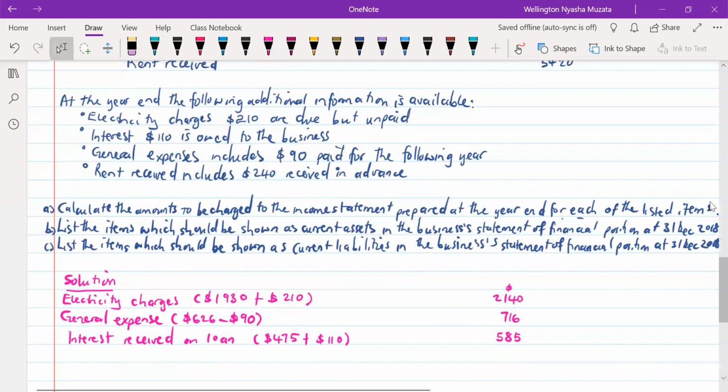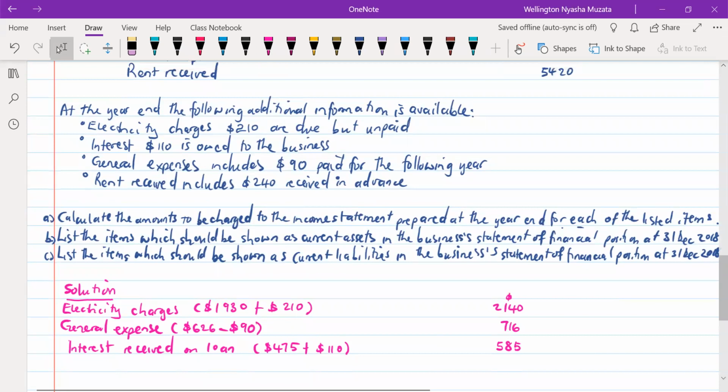In addition to this, we are then given rent received, which is part of other income and is supposed to be added on to the gross profit. So rent received, 5,420, that is what we had received. But then 240 was received in advance.